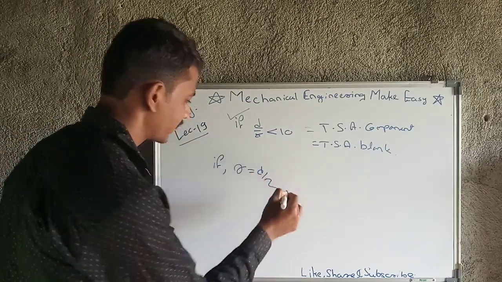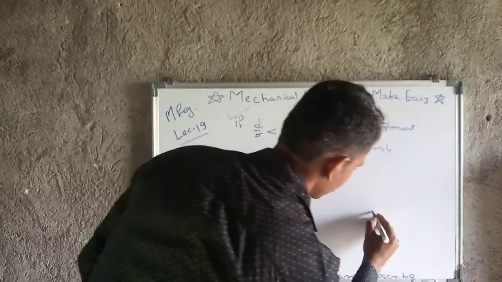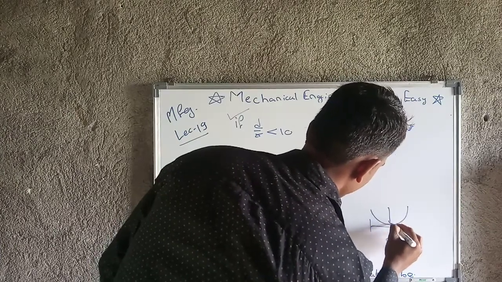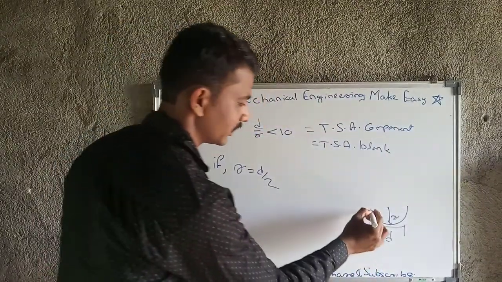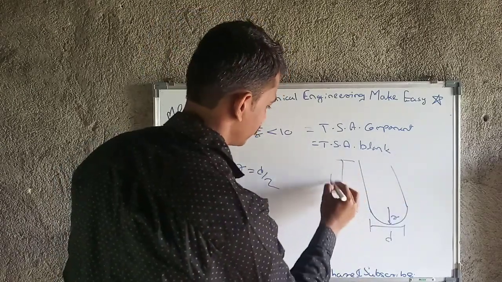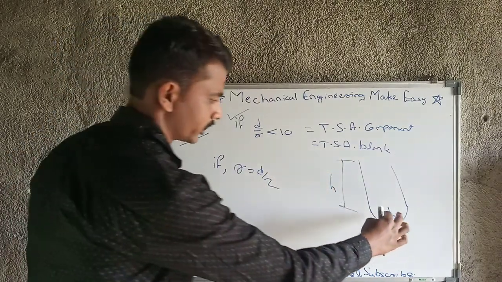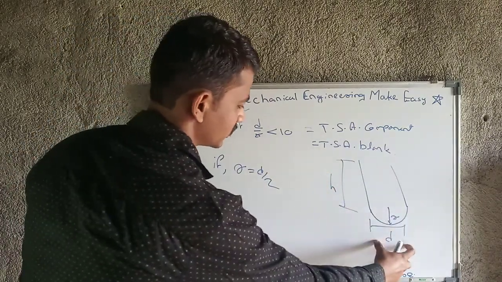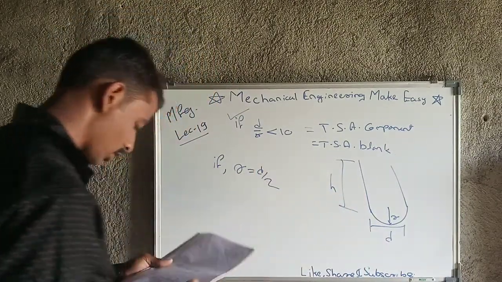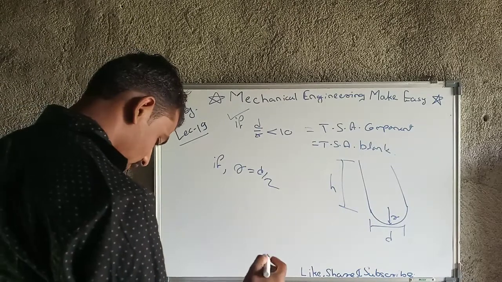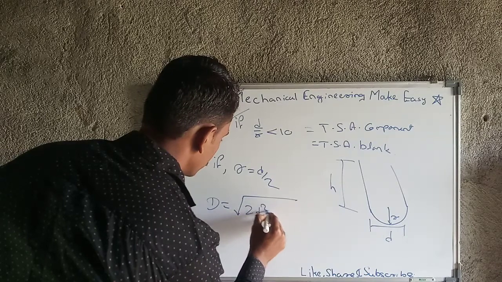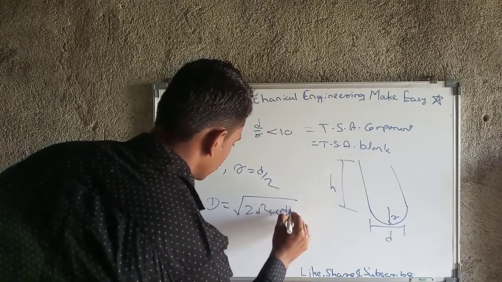Okay, and another case is if r equals d by 2. Means what will happen, the curve will be like that. If this is d and this will be the r, and that r will directly equal d by 2. This is the shape, this is h. So this is r, that is radius, this is d diameter, and this is h. So ultimately for this case, capital D is equal to under root 2d square plus 4dh.